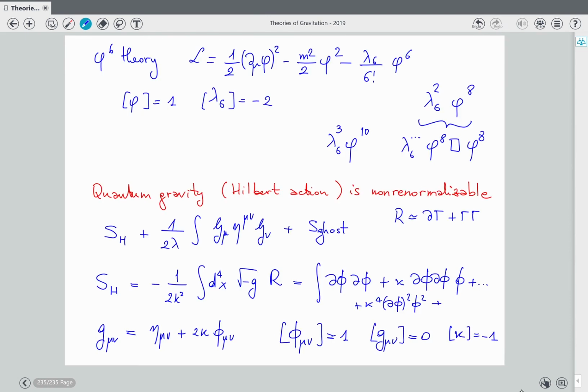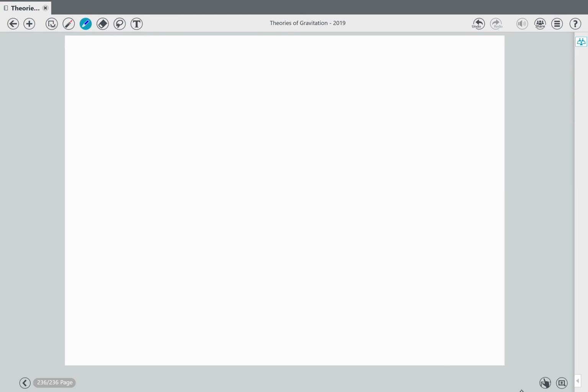From the point of view of renormalization, it's always the same. The point is that now you can construct many terms that are candidate counterterms and have dimension 4. For example, R squared. What is the dimension of R? The dimension of R, well, is the dimension of d gamma or gamma gamma. What is the dimension of gamma? Gamma is g to the -1 dg, basically. G is the metric, so it's 1 because there is one derivative. G has no dimension. So R has dimension 2 because it has 2 derivatives.